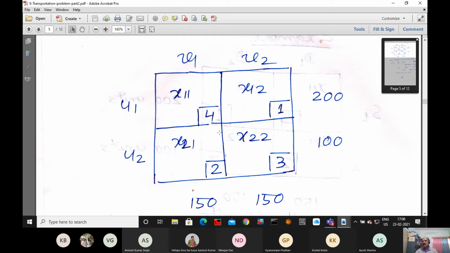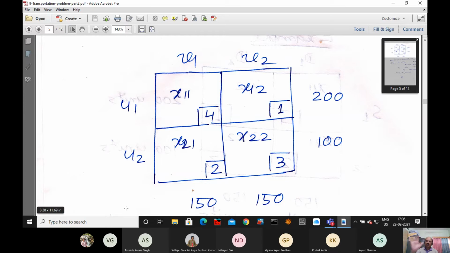Only 50 units. So the first row is gone, nothing is left out. And out of 150, 50 you have allocated, 100 units left out. So to X22, we allocate 100 units. So 150, 50, 100, and cell 21 is 0.